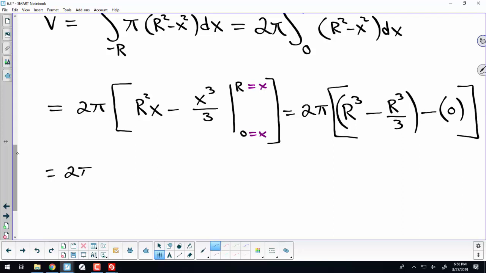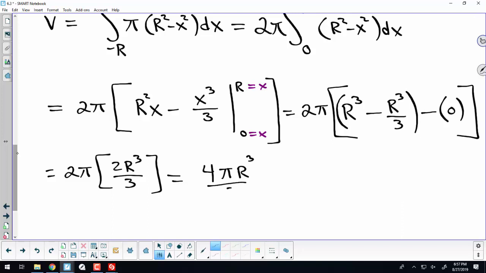So we have 2 pi, what's in brackets, 2r cubed over 3. And then we just multiply across the top. We have 4 pi. Huh? At the top, and then 4r cubed. No, because it's 3r cubed over 3 minus 1r cubed over 3. Sorry. And we get the 4 by multiplying this 2 from the 2 pi we pulled out. Yeah, that's 4 pi r cubed over 3, which is what we were after.